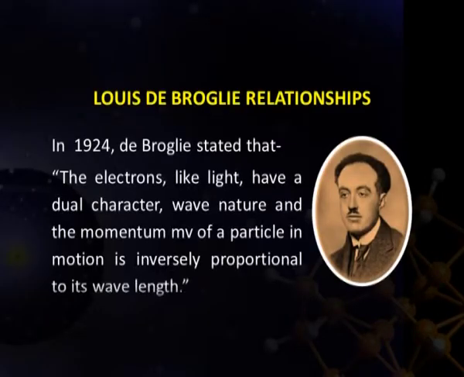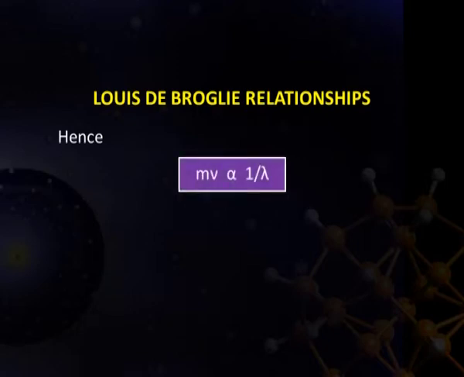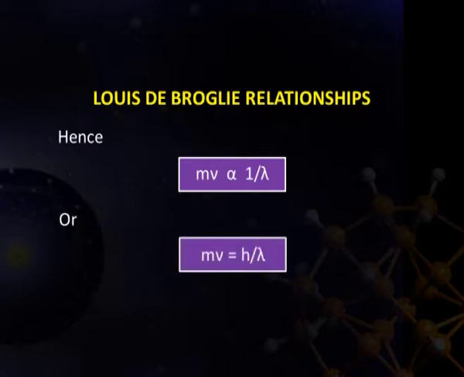In 1924, de Broglie stated that electrons, like light, have a dual character, wave nature and particle nature. The momentum mv of a particle in motion is inversely proportional to its wavelength. Hence, mv is directly proportional to 1 upon lambda, or mv is equal to h upon lambda, where h is Planck's constant.